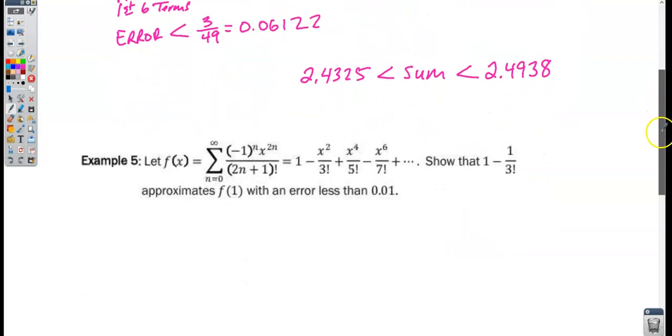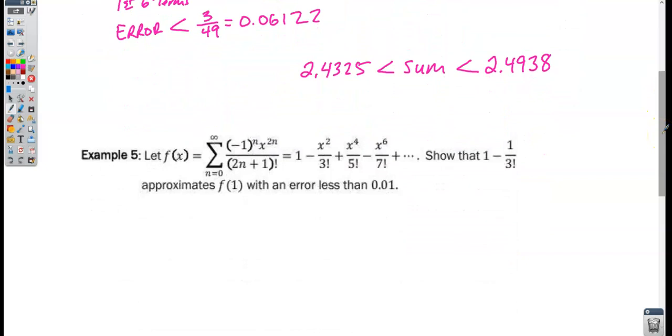All right, example 5. Let f of x equals blah, blah, blah, blah. Show that 1 minus 1 over 3 factorial approximates f of 1 with an error less than 0.01. So we're using the first 2 terms to approximate this.